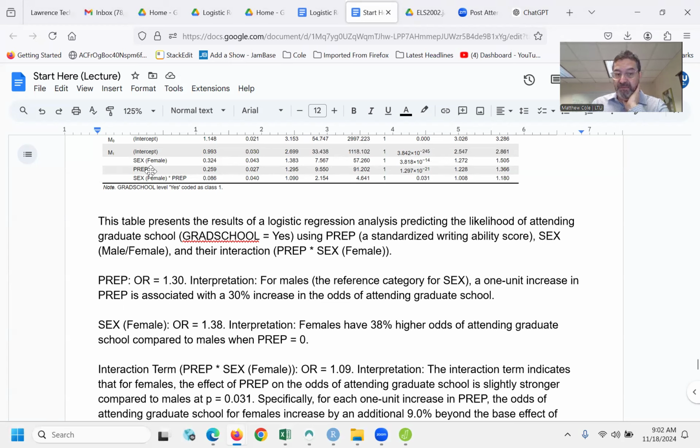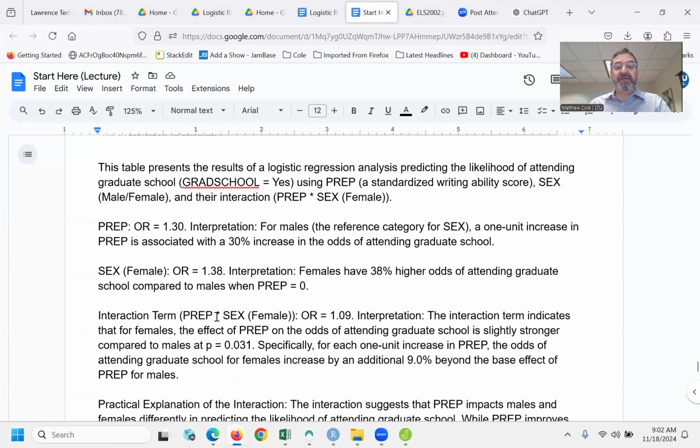Because we added in sex, and since in sex, males was the reference class, we need to understand what prep means. Prep is telling us the odds for males. Okay. Now, sex, since male was the reference class, now we're seeing the odds for females increases by 38%, 1.38 times. Now, what is the interaction?